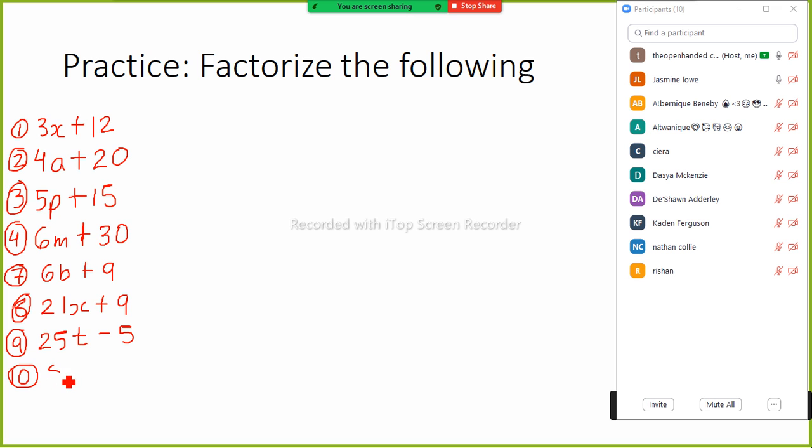8 minus 12x. You numbered them wrong. 1, 2, 3, 4. I was trying to figure out how I get to 7 so quickly.